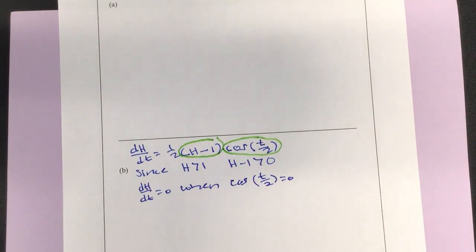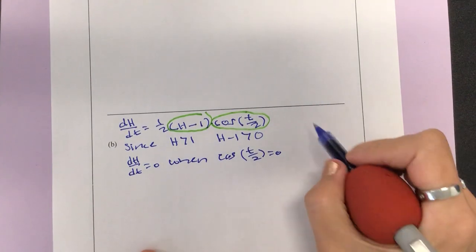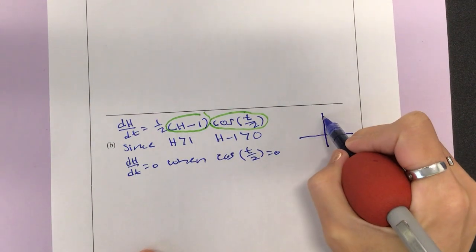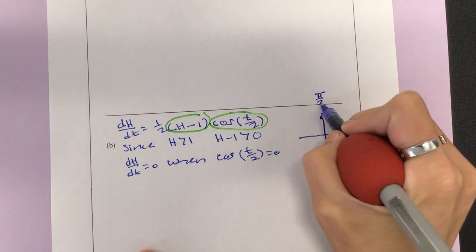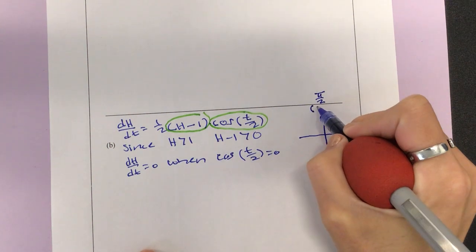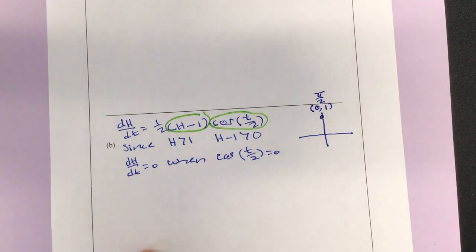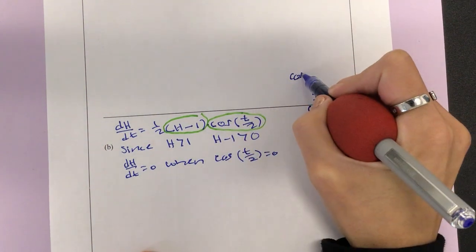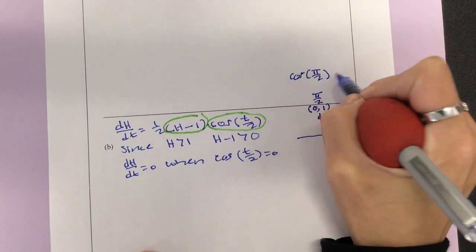I'm going to look at this visually, and this is a pre-cal concept. If I were to go up to pi over 2, we have our ordered pair at pi over 2 at 0, 1. Do we agree on that? Which also means cosine of pi over 2 is equal to 0.